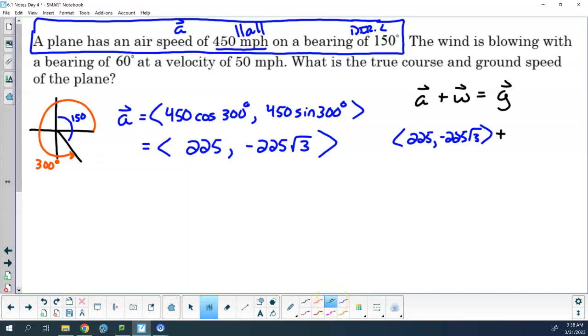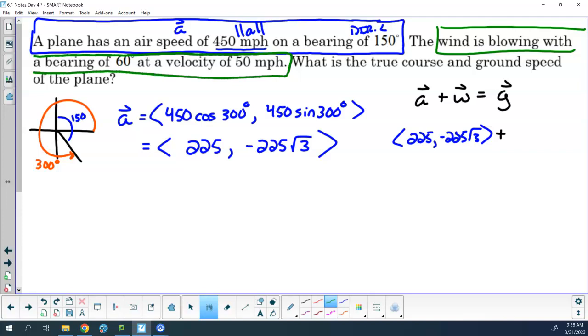So now we have to figure out vector W. That's what's affecting my plane. Well, that's going to be the wind here. The wind has a bearing of 60 degrees, and it's got a speed of 50 miles an hour. So the first thing we need to do is figure out the trig angle of the wind.